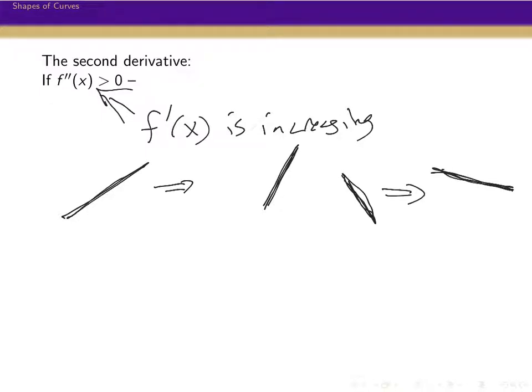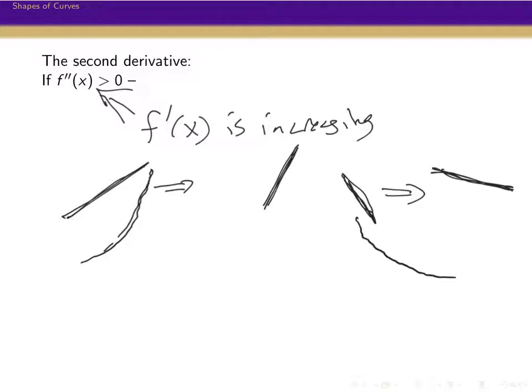And you can kind of see in each of these what has to be happening. If you're going up, then you have to be going up faster and faster, you're kind of curving upwards. If you start off going down, but it has to flatten out, it's going to go like that.